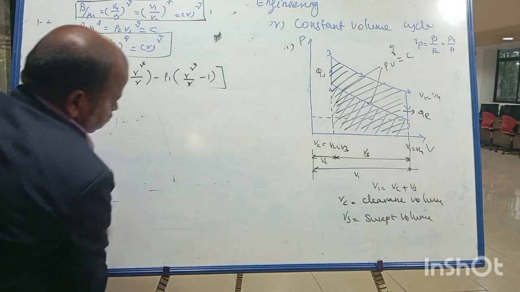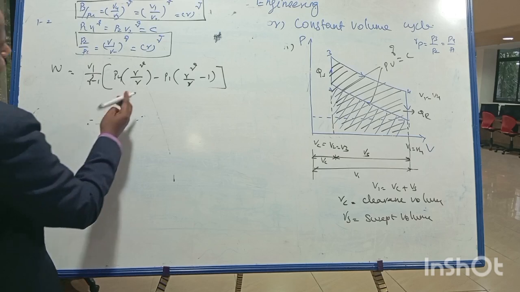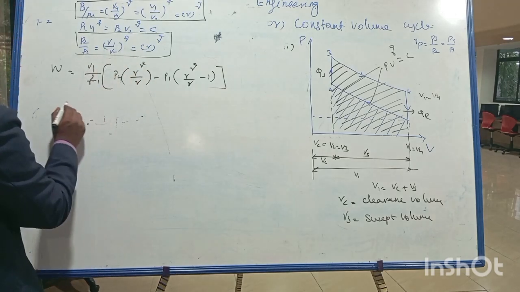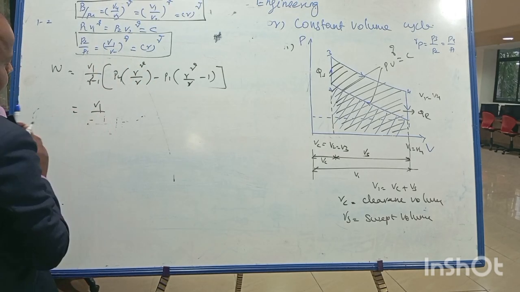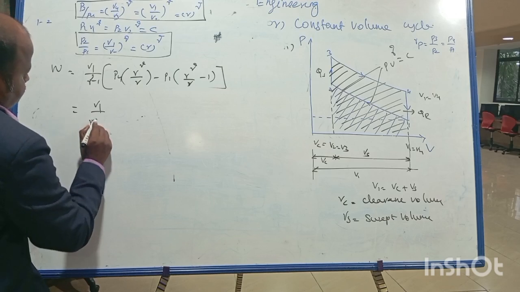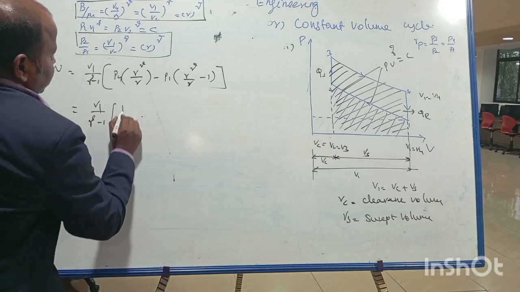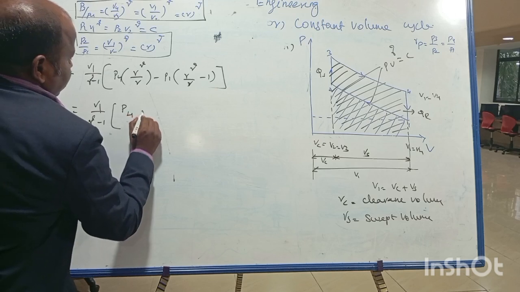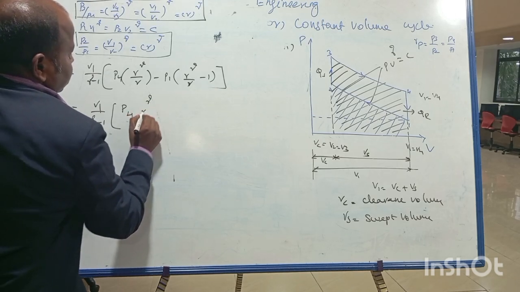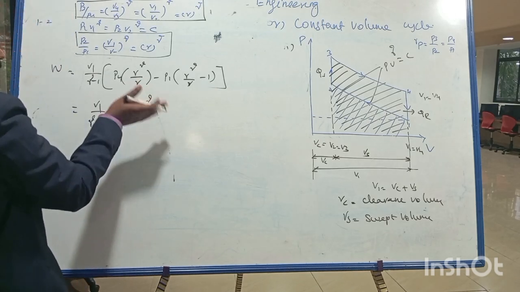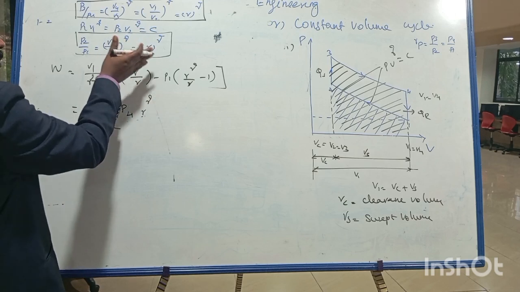Now I am going to take this R to the numerator, that is V1 by gamma minus 1 into P4 into R power gamma. This R, if you bring to the numerator, it becomes R power minus 1.